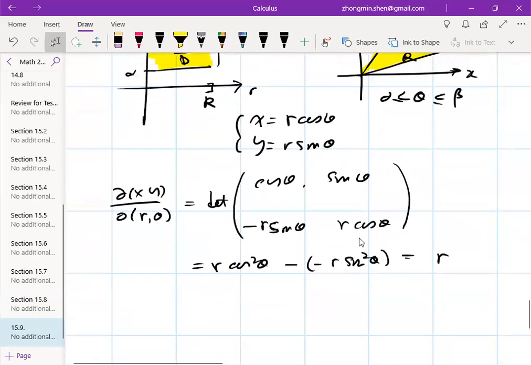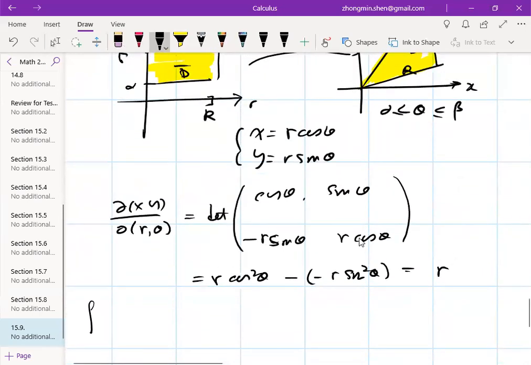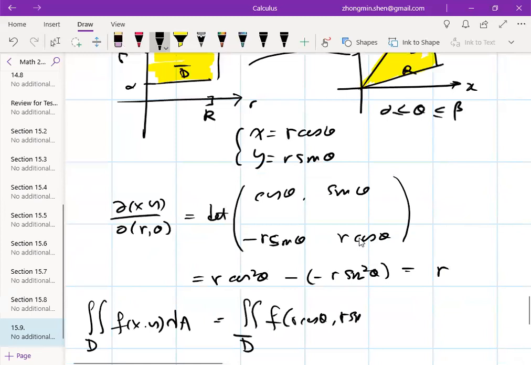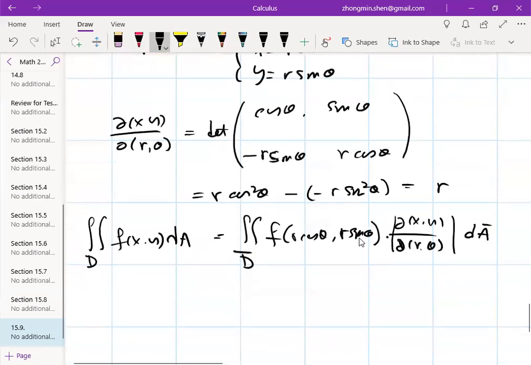All right. So according to the above formula, the double integral over D of f(x, y) dA is going to be the double integral over D bar, where x is r cosine theta and y is r sine theta, multiplied by the absolute value of the determinant. So this is the integral in polar coordinates, in other words f(r cosine theta, r sine theta) times r dA bar.